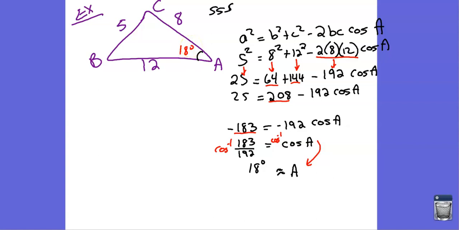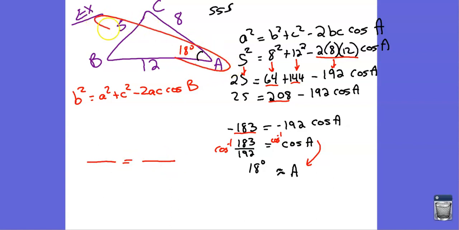So once I get angle A, I would go back and try to solve for angle B. Although you have a couple of choices, you can do the exact same thing, like literally set up side B. Just do b squared equals a squared plus c squared minus 2ac cosine of angle B. So you could use the law of cosines to find angle B, or you could use the law of sines, because now we have a pair.